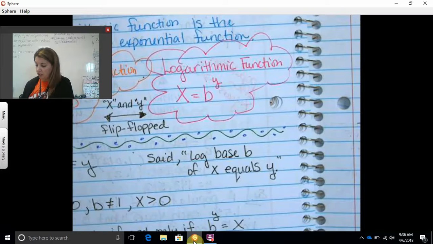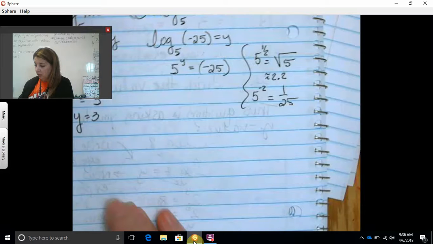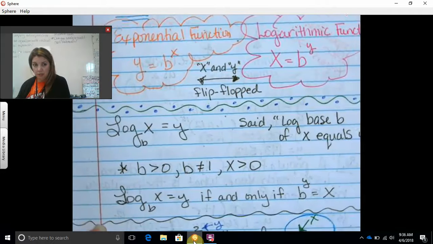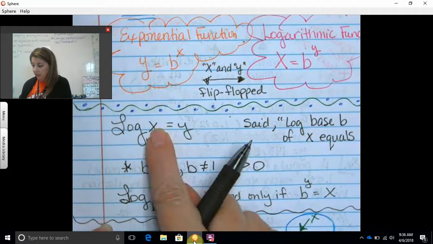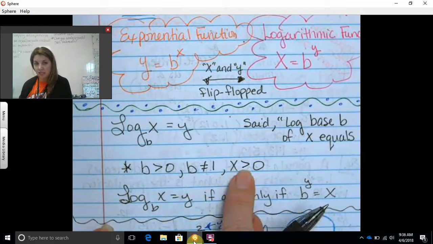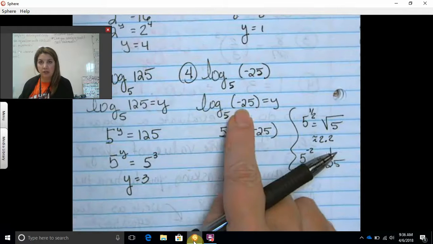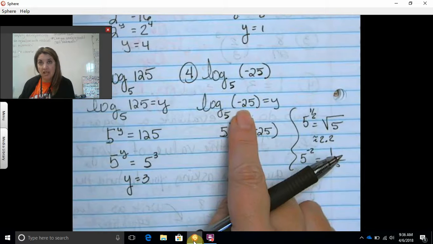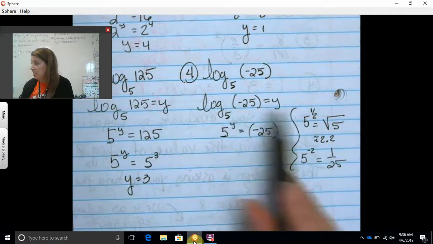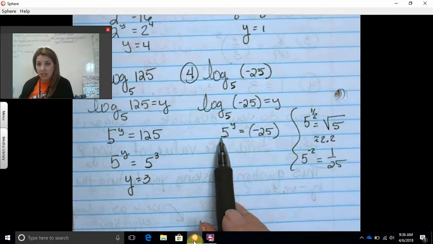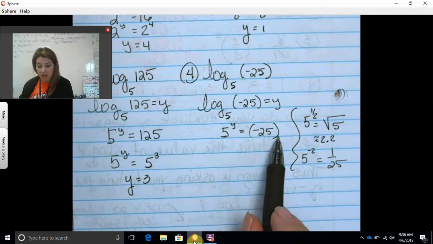Let's go back and look over here. The number that's in X's spot, this is page 183, is a negative number. Aren't the rules for exponents X must be greater than 0? Our X is not greater than 0. It's less than 0. So the reason X has to be greater than 0, you can see that I can't change this to anything with the same base as 5 and get a negative 25.